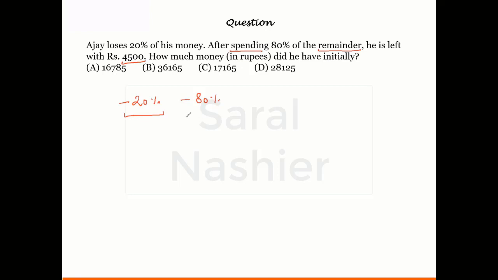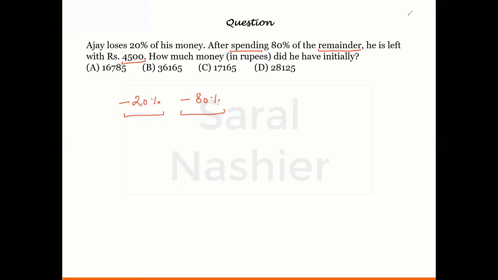So now I can say this is a question of successive decrease, that first the value decreases by 20% and then the value decreases by 80%. So you can use the formula of successive increase, but use minus 20 and minus 80 instead of plus 20 and plus 80, because these are decreases.